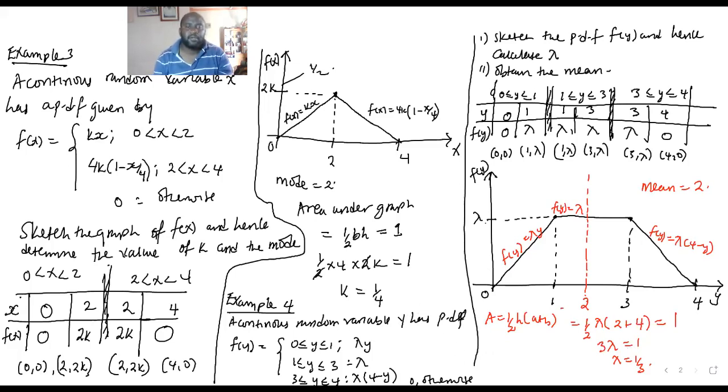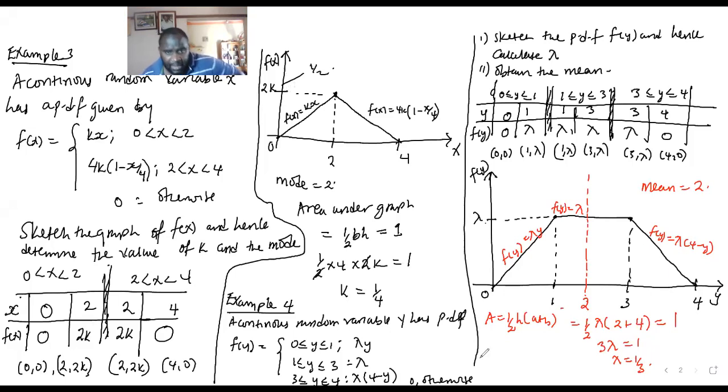Yes, teacher. Go ahead. Please, I pardon on how we got the values of f of y here in the middle bit. How I got lambda to be a constant.